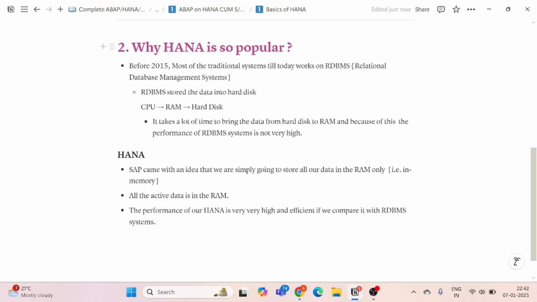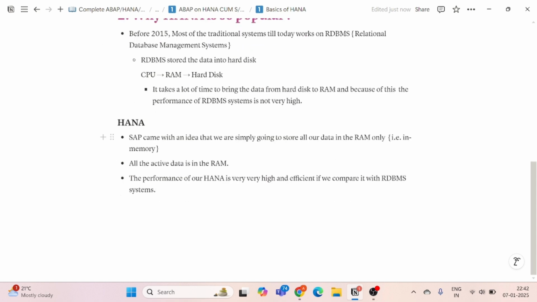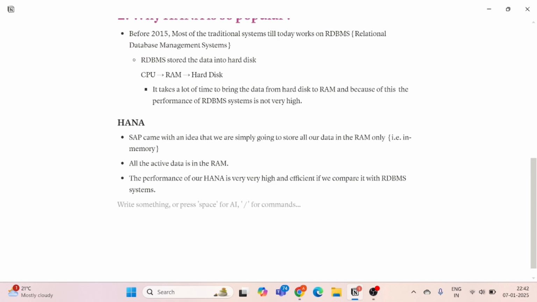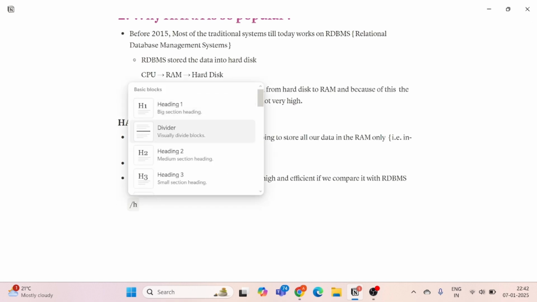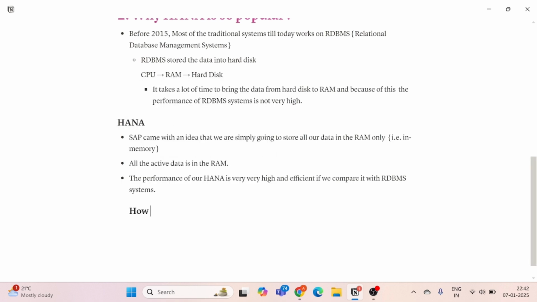So how was it possible for SAP to come up with this approach, as RAM is very costly?